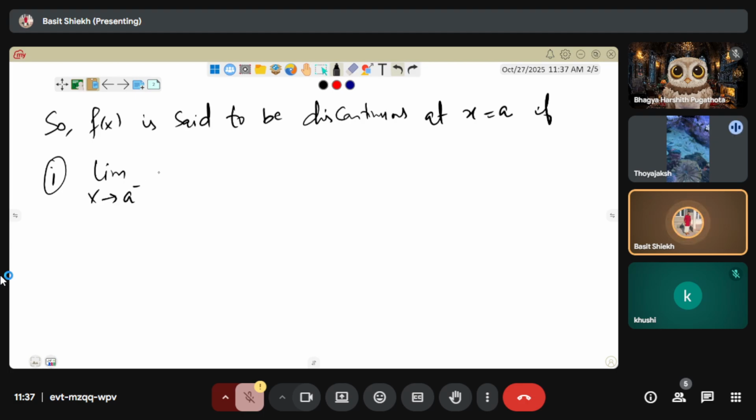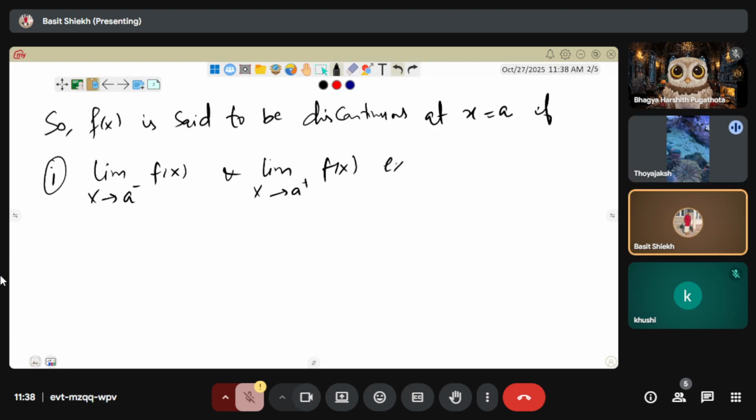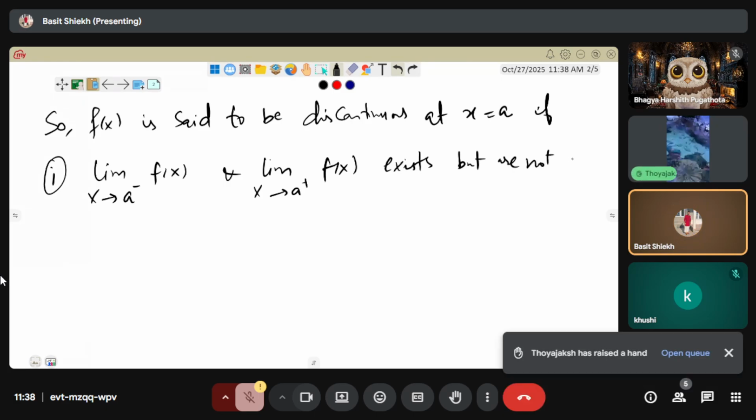Limit x tends to a minus f of x and limit x tends to a plus f of x exist but are not equal.